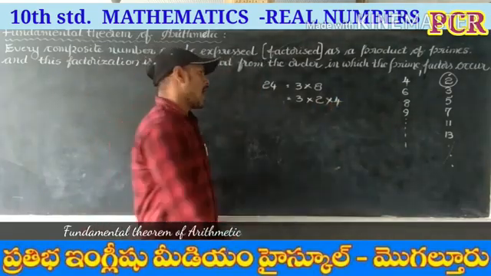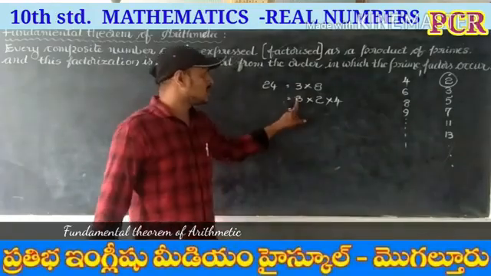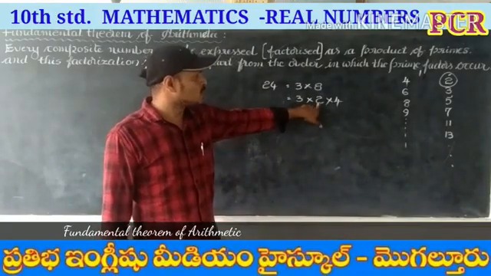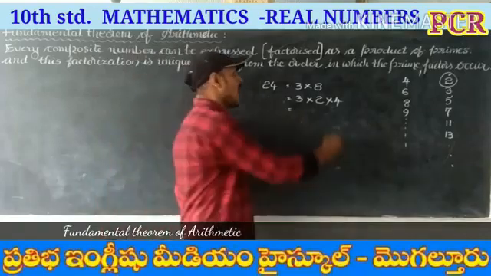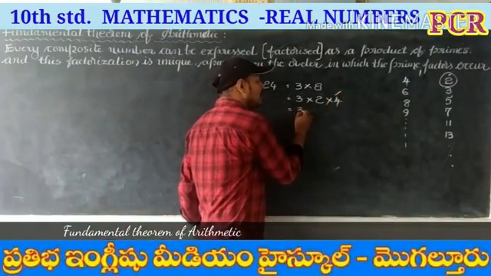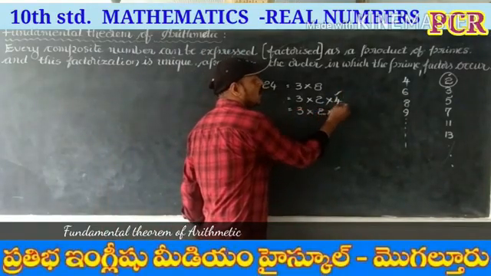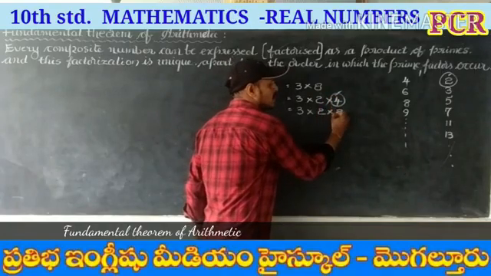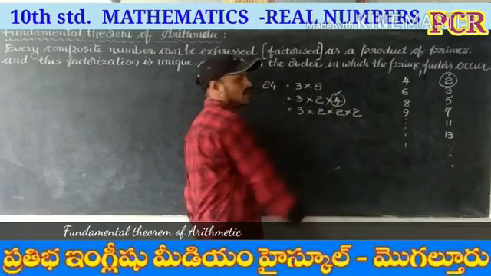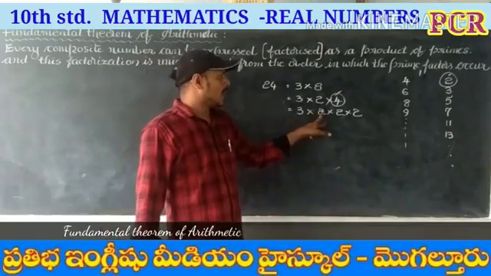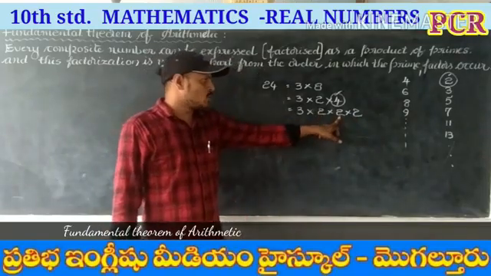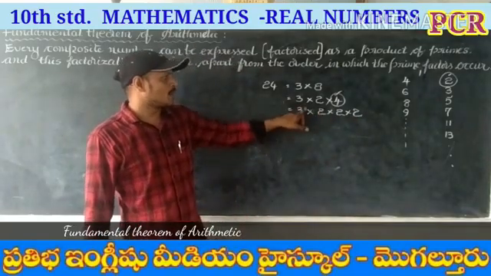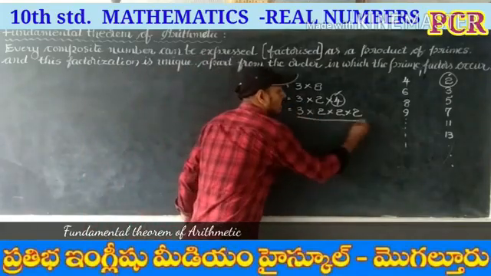Again, 3 is prime and 2 is also prime, and we can write 4 again as the product of two numbers, that is 2 into 2. So just observe here: 2, 2, 2 and 3 are all prime numbers.